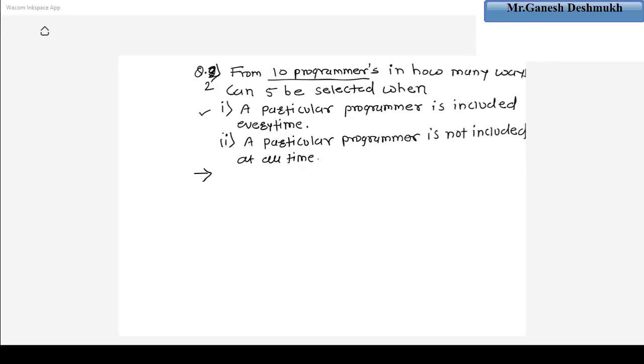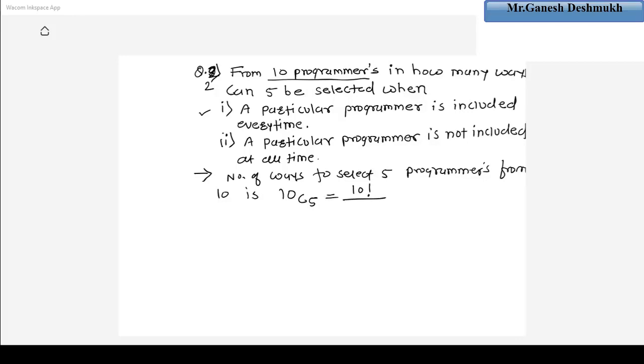This can be done in 10C5 ways. Applying the formula, 10 factorial divided by (10 minus 5) factorial into 5 factorial. If you expand this, you will get 252.